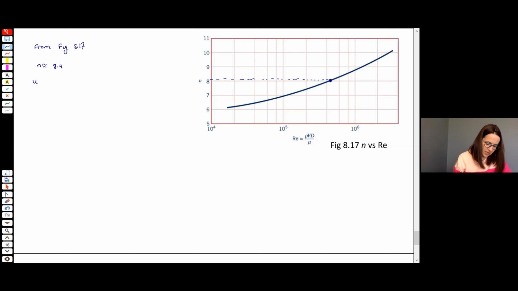So plugging this into our power law velocity profile, doesn't like me writing close to the edge here. Let me go in a little bit.